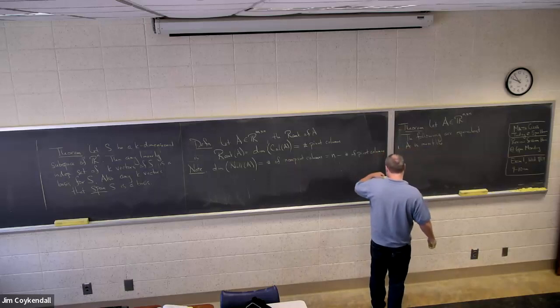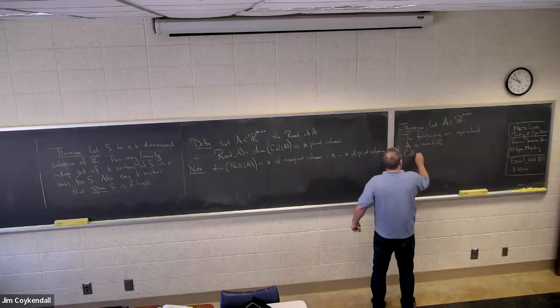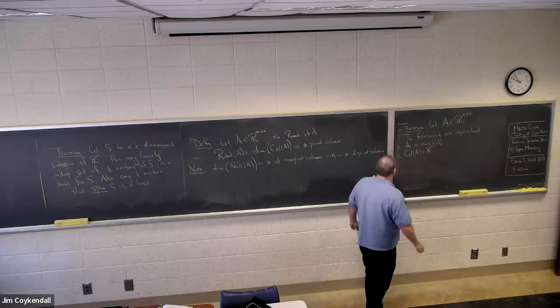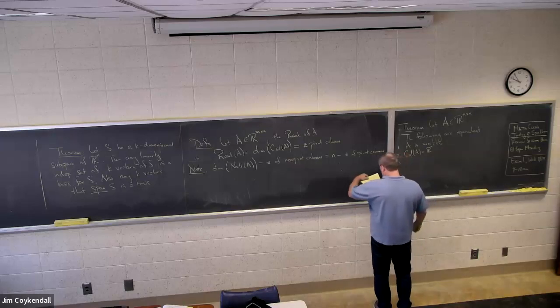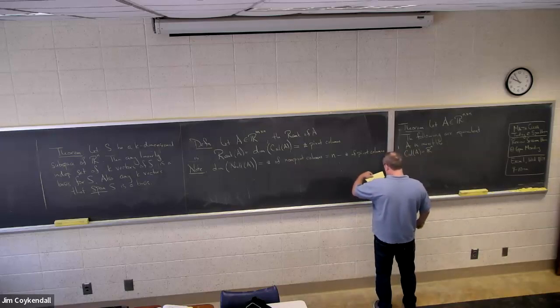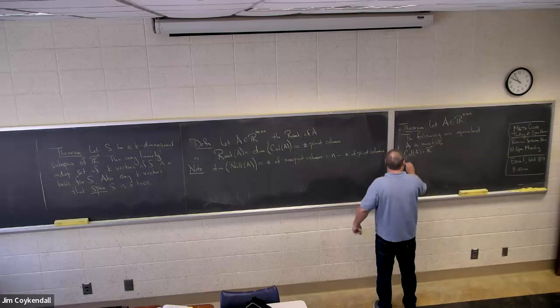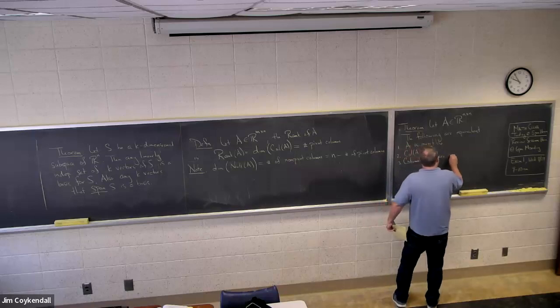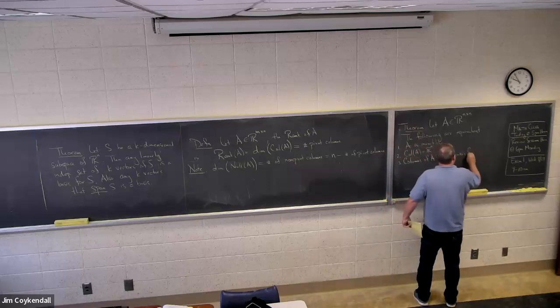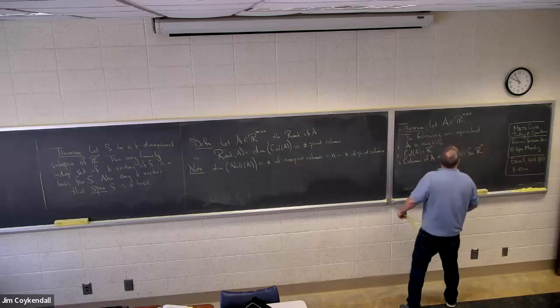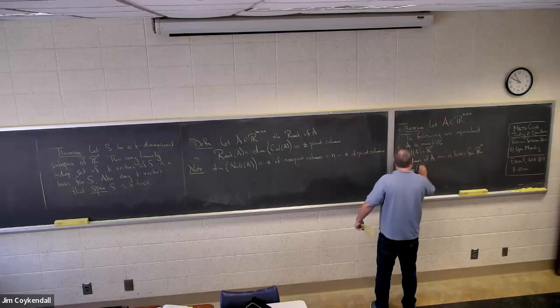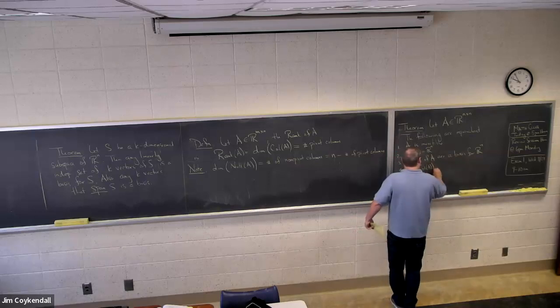2, the column space of A is all of R^n. Number 3, this is kind of silly, but I'm going to do it anyway: the columns of A are a basis for R^n. Number 4, the dimension of the column space of A is n.